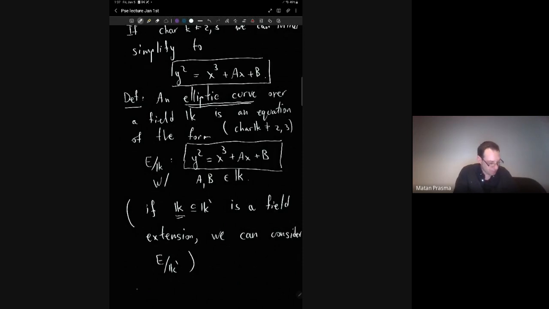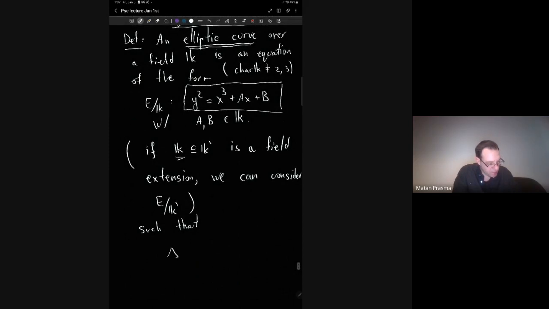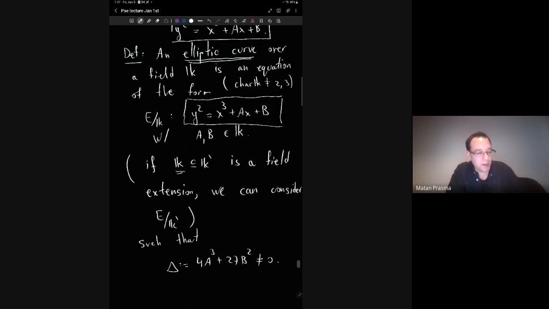The additional condition is that the quantity 4a cubed plus 27b squared is non-zero. Okay, so that's the definition of an elliptic curve.